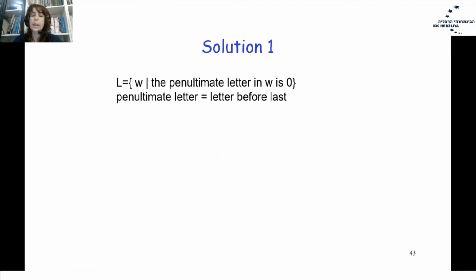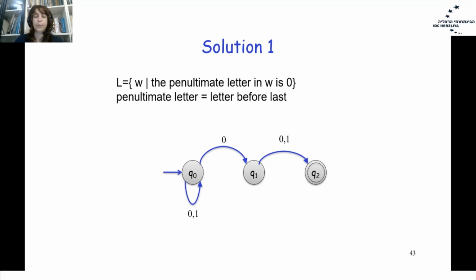Okay, basically I will need 3 states. I will move from Q0, the starting state, to Q1 with 0, and this will be the letter before last. From Q1, I will move to Q2 on 0 or 1. I need an additional letter. It can be 0 or 1. In Q2, I don't define what I would like to do, because the 0 or 1 that I had should be the last letter.